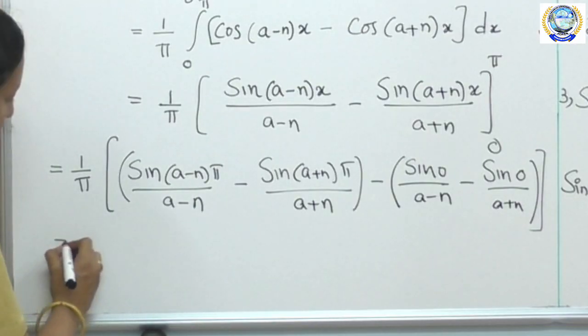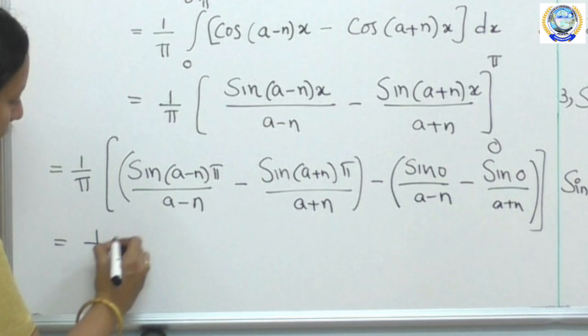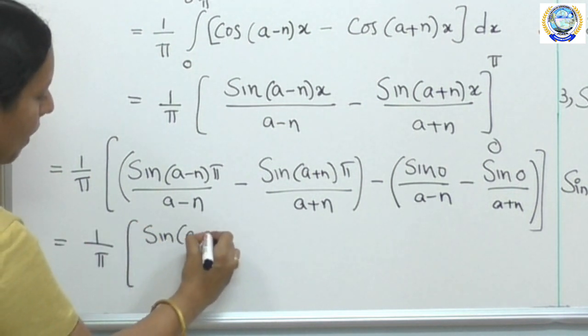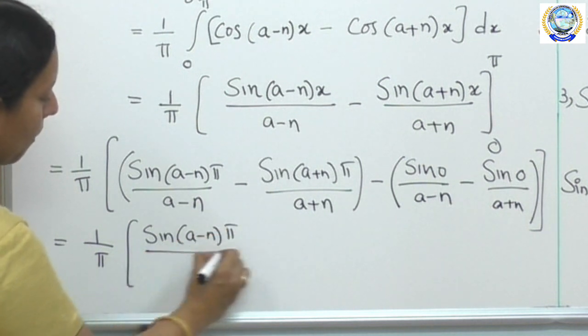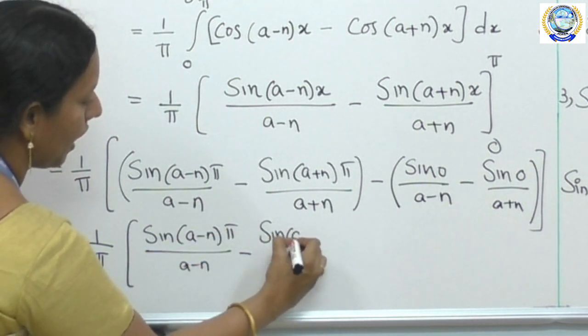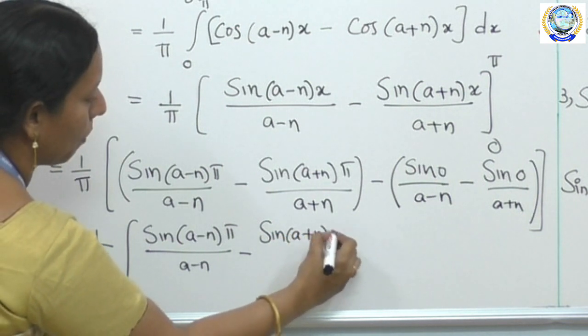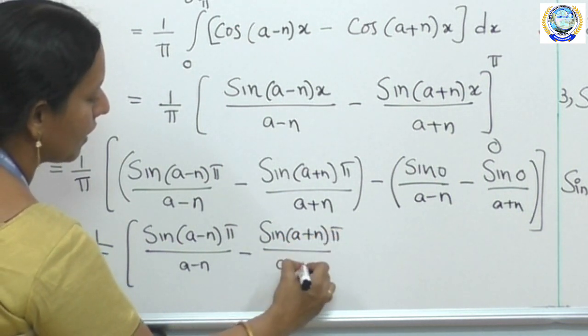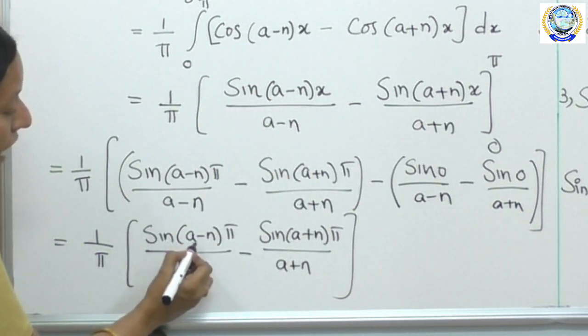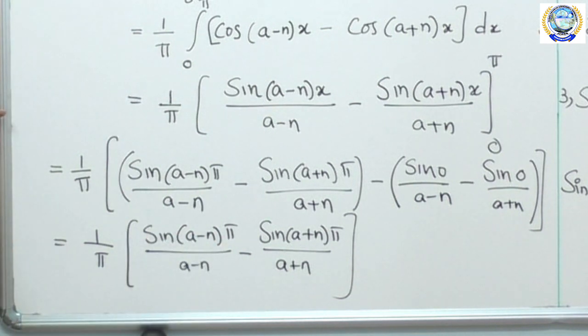This equals 1 by pi, sine (a minus n) into pi by (a minus n) minus sine (a plus n) into pi by (a plus n). Now, it remains to calculate what is sine (a minus n) into pi and what is sine (a plus n) into pi. Let us see that.